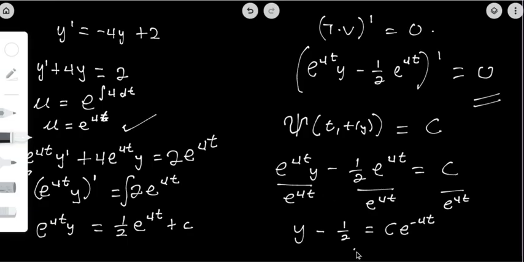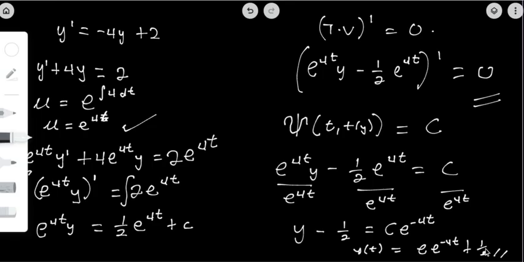And finally, y as a function of t is c e to the power negative 4t plus 1 on 2. So this is a step-by-step solution.